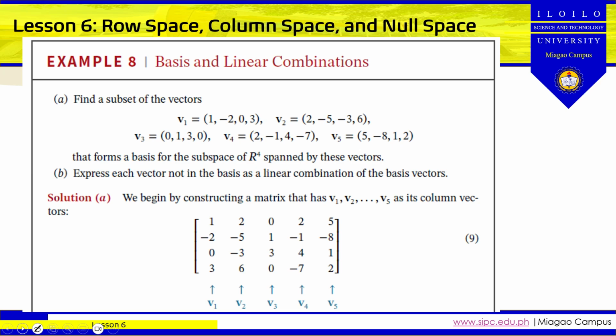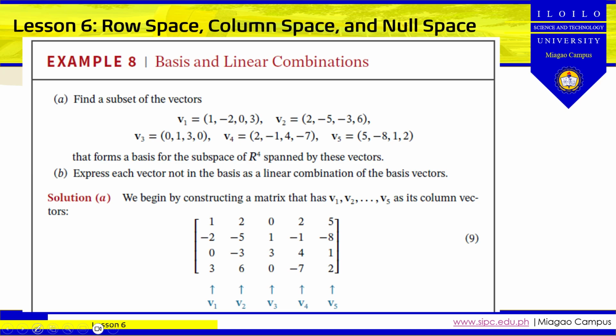In this particular example, we have the following set of five vectors that spans a subspace of R4. Find a basis for this subspace. Next, express each vector not in the basis as a linear combination of the basis vectors.